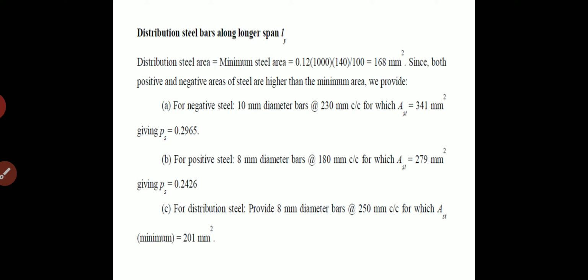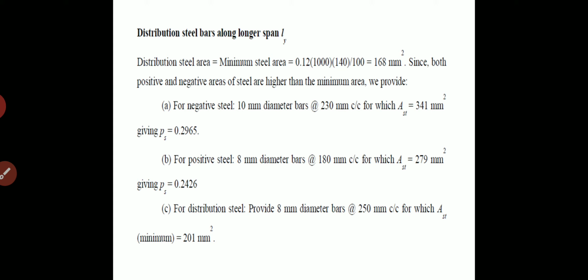So we provide these values: 0.12 into 1000 into 140 upon 100 equal to, finally we get 168 mm square. Since both positive and negative areas of steel are higher than the minimum area, we provide as follows.